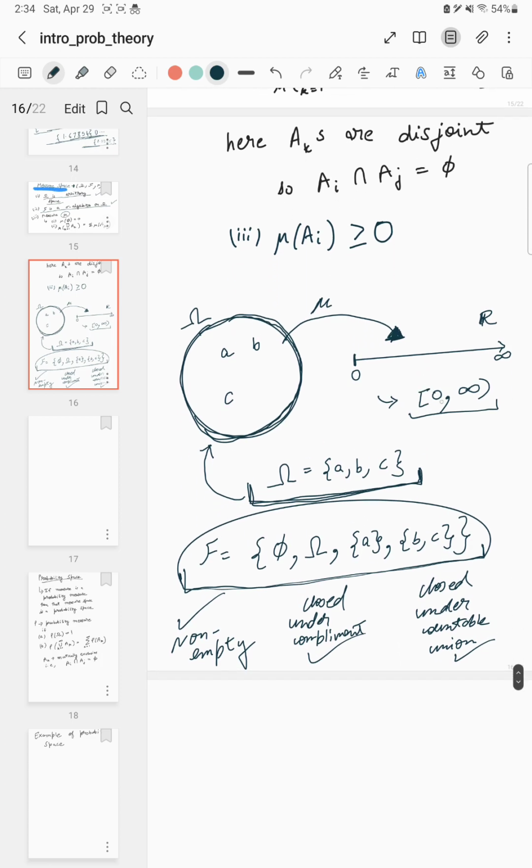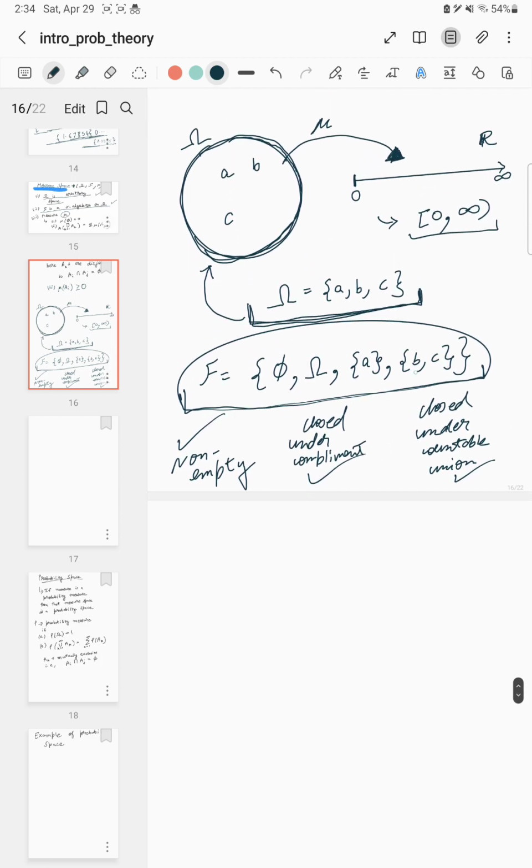Okay, so let's say we have three elements, and let's take a small example. Let's suppose mu of A is 1, mu of B is 2, and mu of C is 3. Okay, let's define it like this.